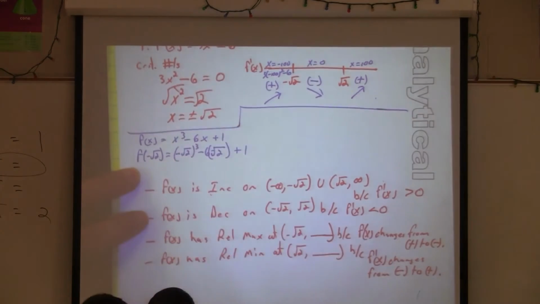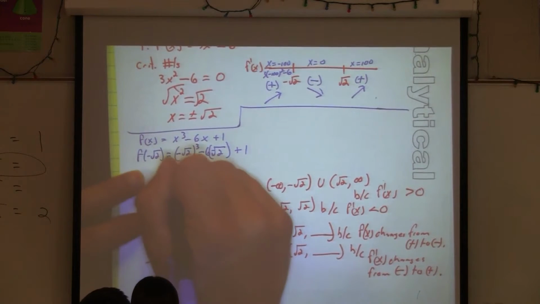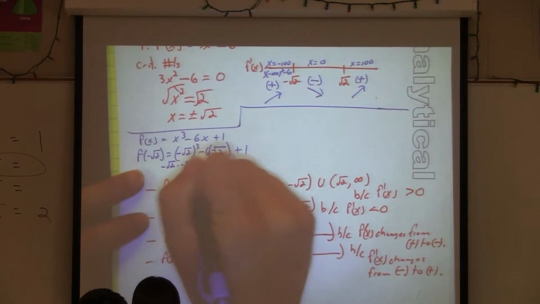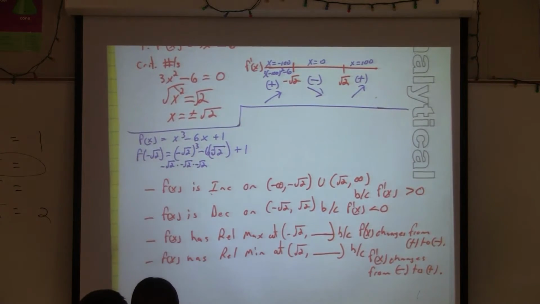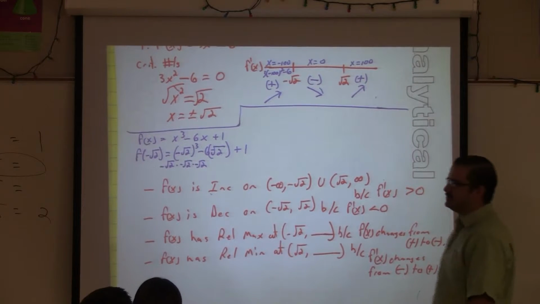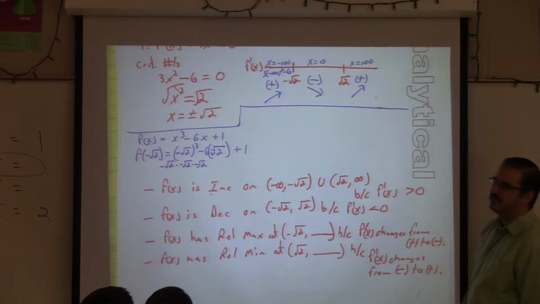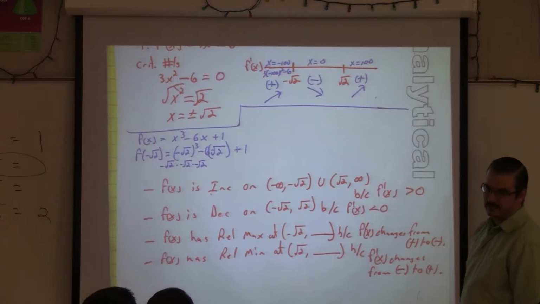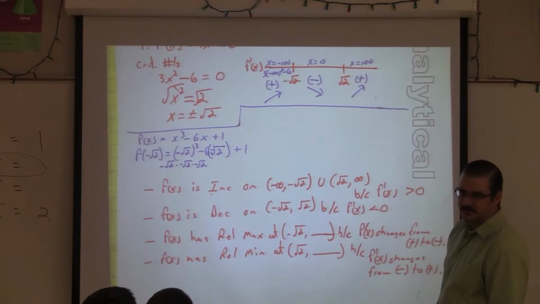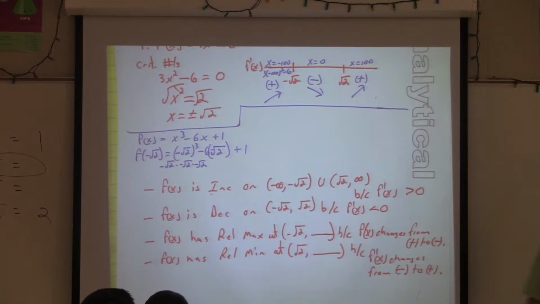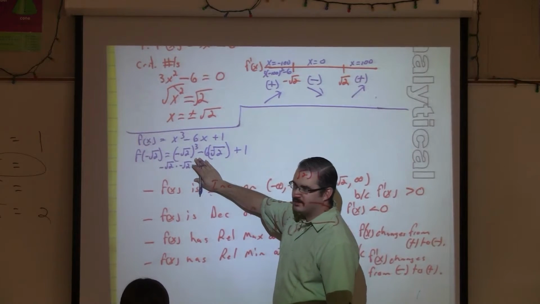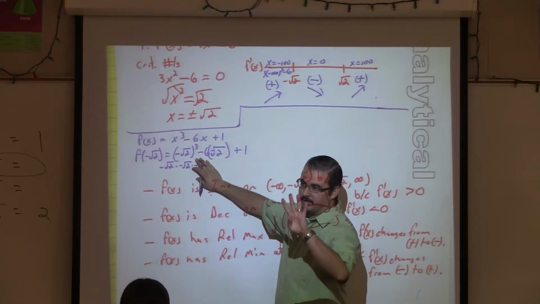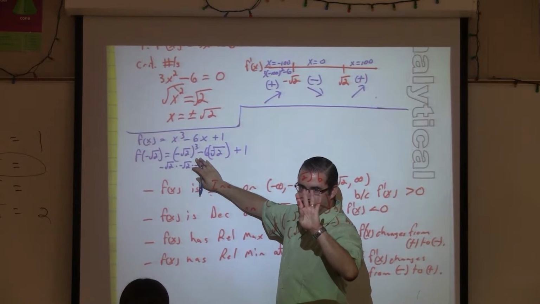So something to the third power is something times itself how many times? So what's negative radical 2 times negative radical 2 times negative radical 2? Negative 2 radical 2? Are we lost? What's radical 2 times radical 2? Radical 4, right? And what's the square root of 4? 2.